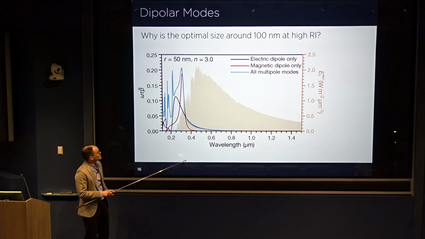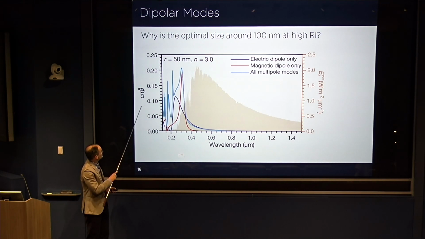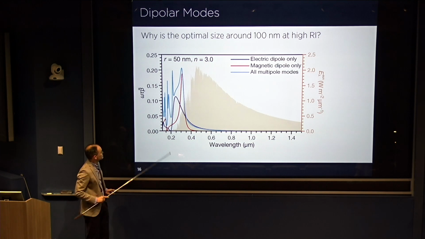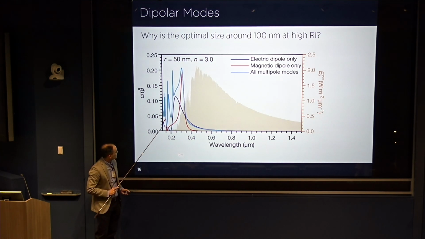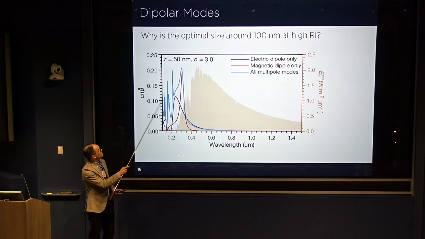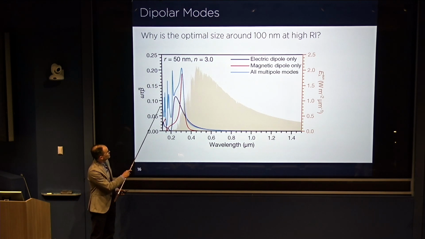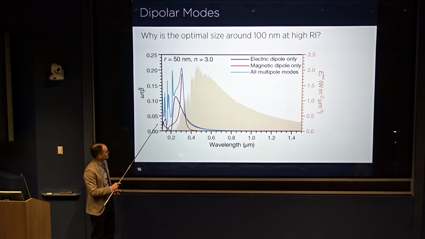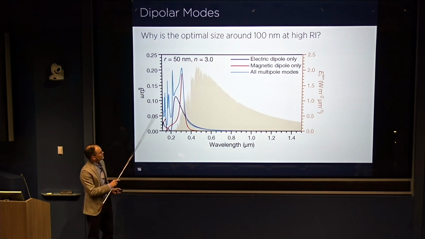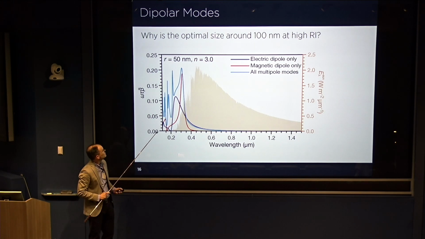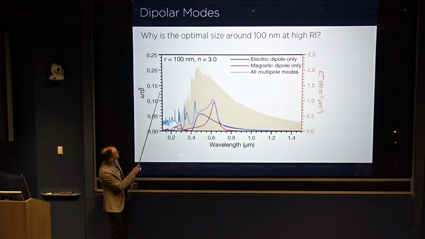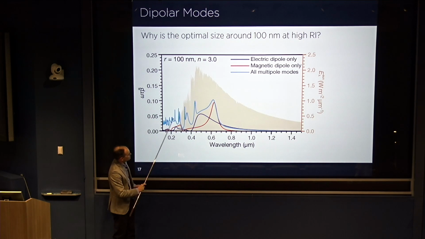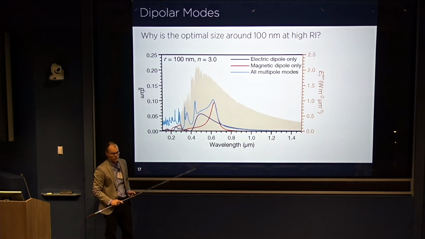We can do that by looking at the things inside that integrand, those three terms, the most important parts, which capture all the aerosol information. If we look at the full calculation here, which is the light blue, and then the two dipolar modes, the magnetic and electric dipolar modes, the darker blue and the red, and look at how those behave as a function of size, what we see at a high refractive index of 3 is that as you increase the size from 50 to 100 nanometers, all the dipolar modes shift, and they align pretty well with the peak in the solar irradiance here, right?